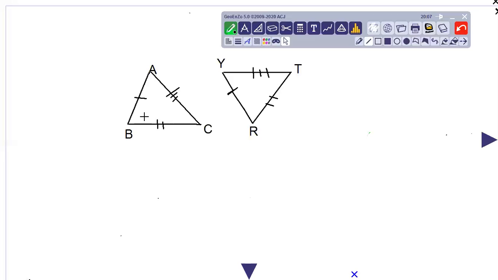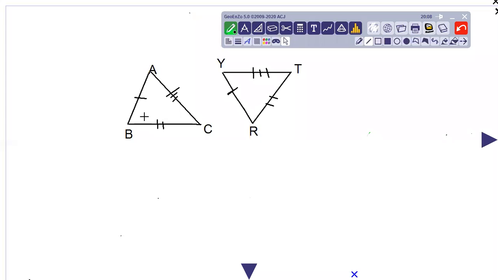But by SSS congruence theorem, it means that without knowing anything about the 3 angles of the first triangle or the 3 angles of the second triangle, just by knowing that the 3 sides are correspondingly equal, we can say that the 2 triangles are congruent, that the second triangle can sit exactly upon the first triangle. Then automatically, the three angles will have corresponding angles in each of the triangles.